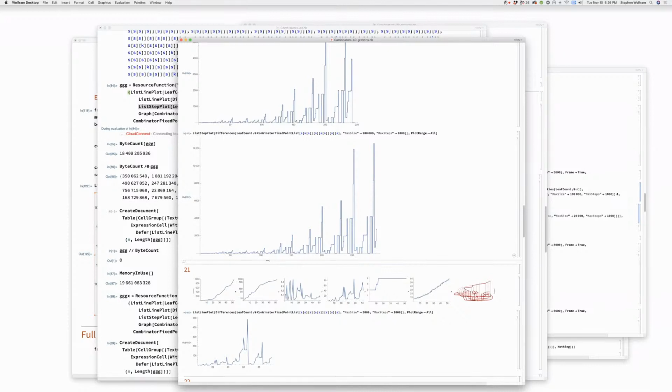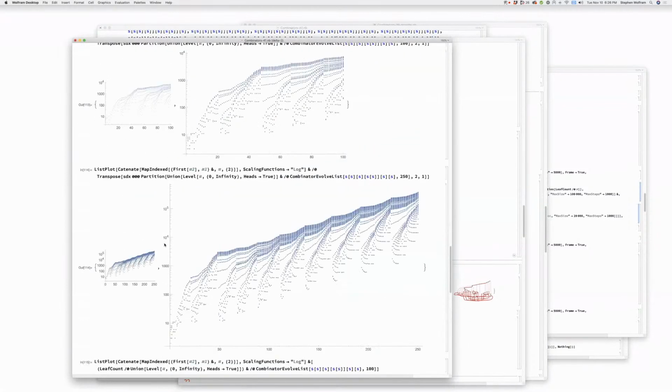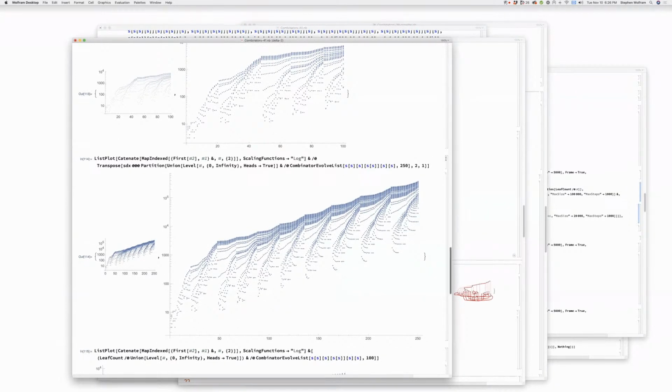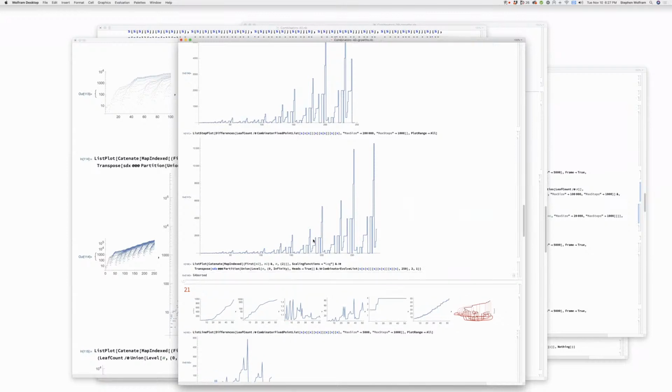And for example, if we look over at these plots here, let's just do that for this one. Whoops.